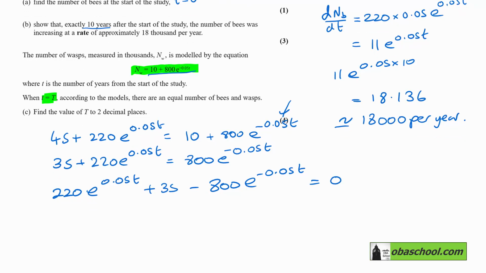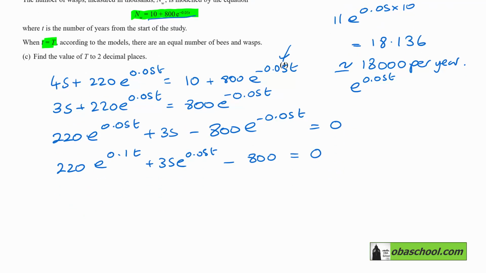If we now multiply everything by e to the 0.05t, for the first term we would add the indices, and that will give us 220 e to the 0.1t. Then we'll have 35 e to the 0.05t. And with the last term, when we add the indices, we'll end up with e to the 0. So that one's just take away 800.